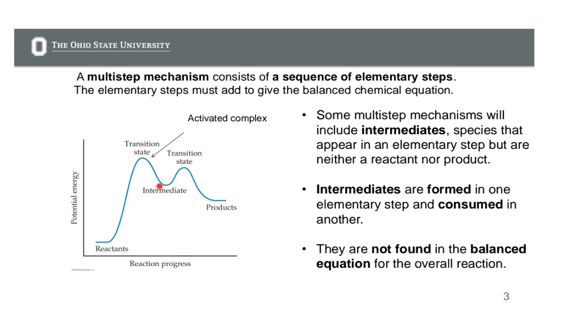But from that intermediate, we're going to go up another hill, another activation energy, and get to the products. And we'll have another transition state. So an intermediate is formed in one elementary step and consumed in another. We don't see them in the balanced overall equation.